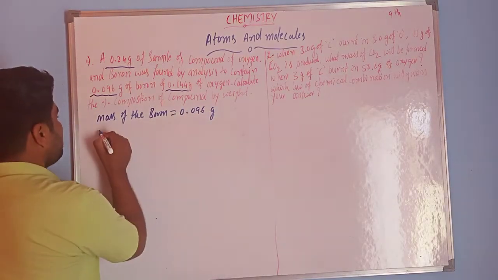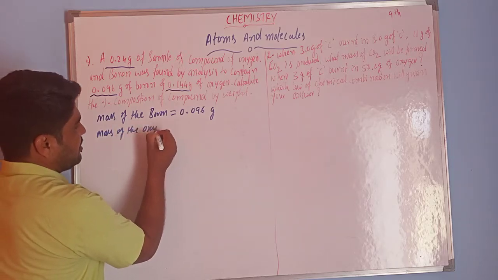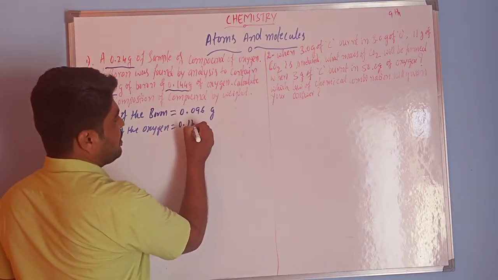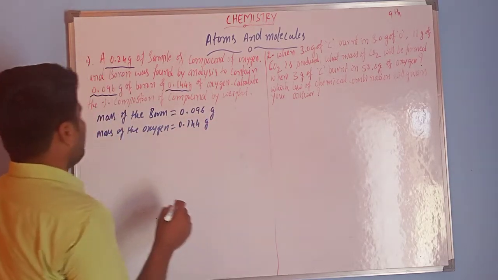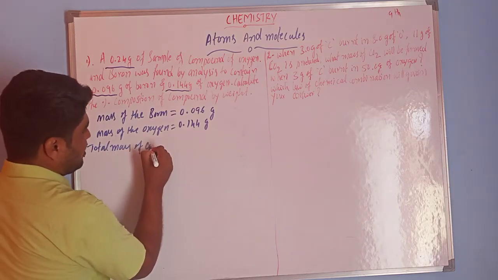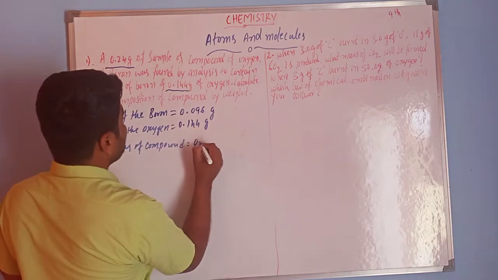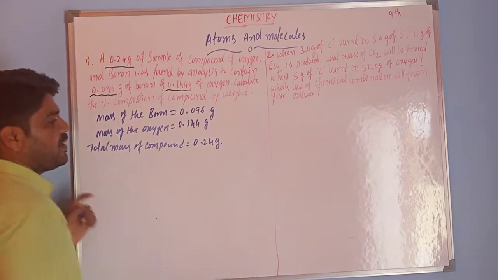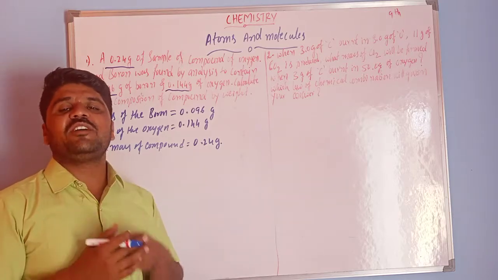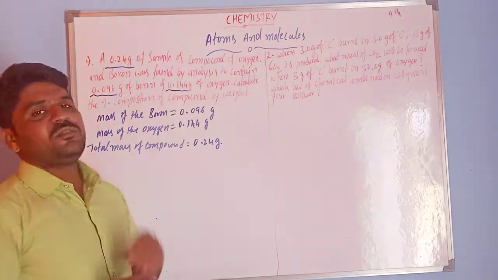Next, mass of oxygen is 0.144 grams, and total mass of compound is equal to 0.24 grams. So this is the given data. From this data you have to find out the percentage by mass of the compound's oxygen and boron.